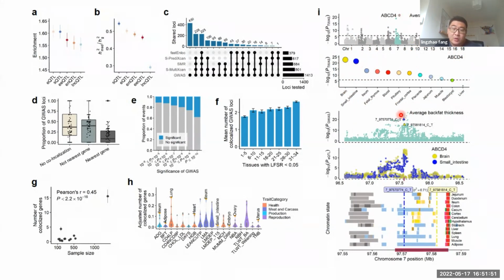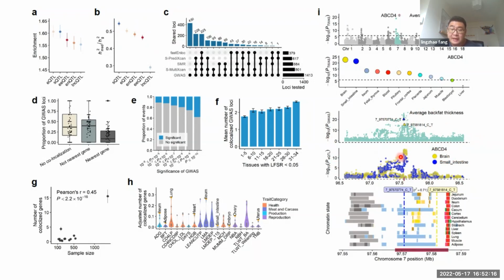And by looking at the colocalization, this panel is the Manhattan plot from the GWAS, and this is from the eQTLs, the eQTLs from brain and small intestine. So this data were generated in different populations, totally different. This is Duroc, this is the multiple breeds, but you can see a very perfect, beautiful colocalization.